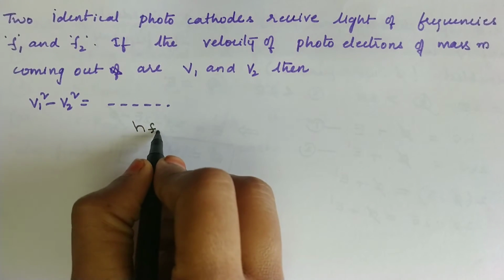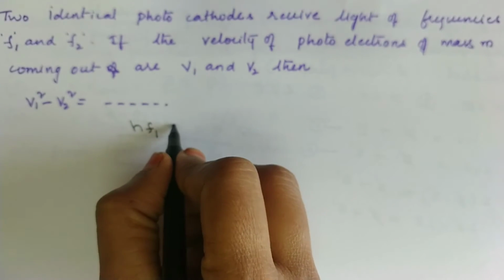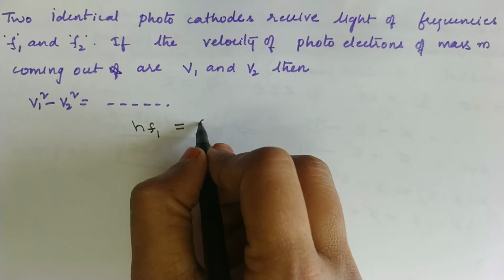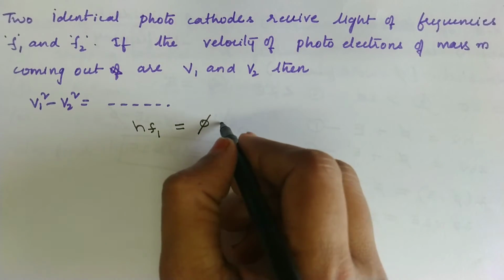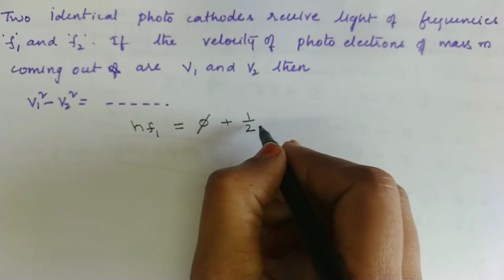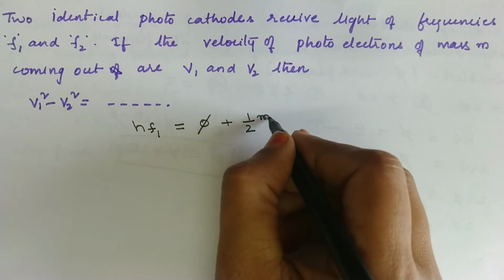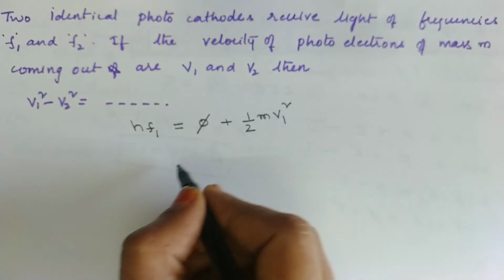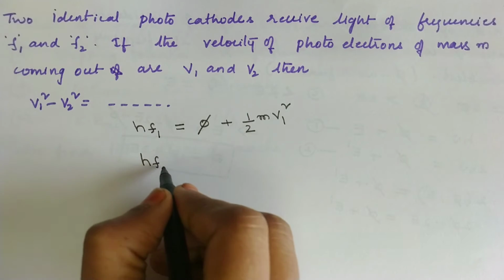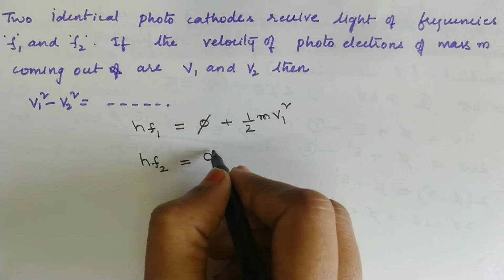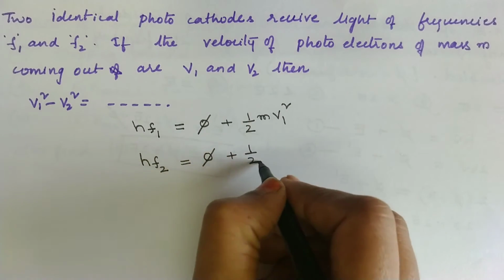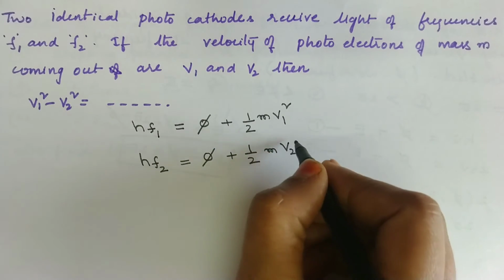Incident frequencies are different. So hF1, incident energy, is work function plus maximum kinetic energy, which I will write as half m v1 square. Then for the second frequency, phi plus kinetic energy will become half m into v2 square.